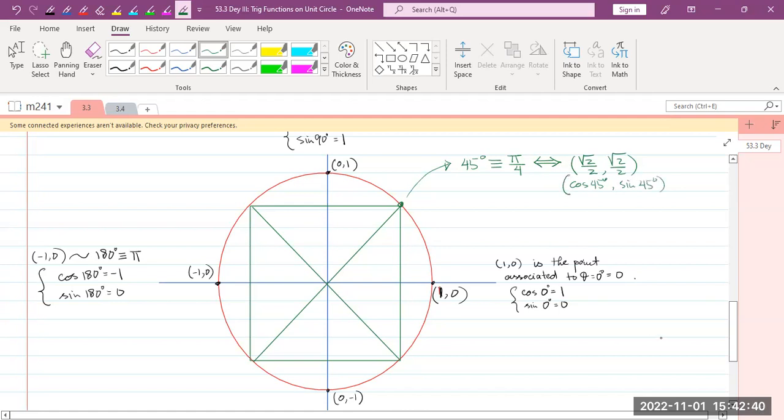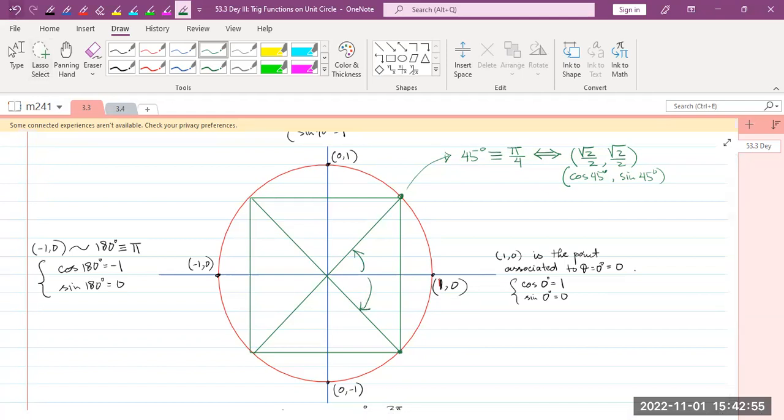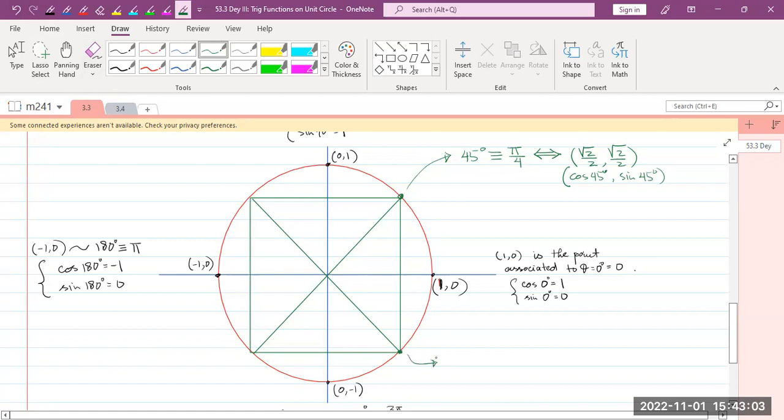Okay, now notice this is 45 degrees here, right? Now this is the reference angle for quadrant 4, 45 degrees also. Now the angle here is angle 315 degrees, 360 minus 45 degrees, right?